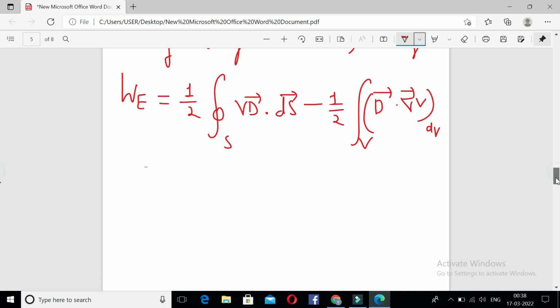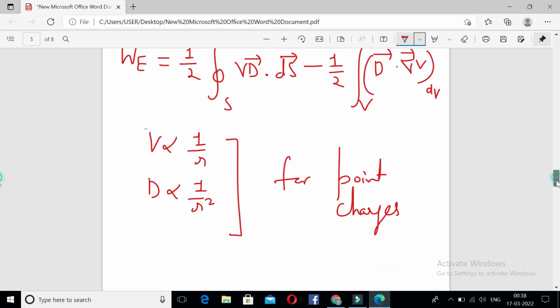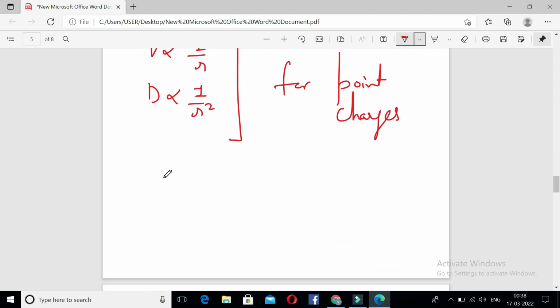We know potential V is proportional to 1 by R, and D is proportional to 1 by R square for point charges. For dipole cases, V is proportional to 1 by R square and D is proportional to 1 by R cube.